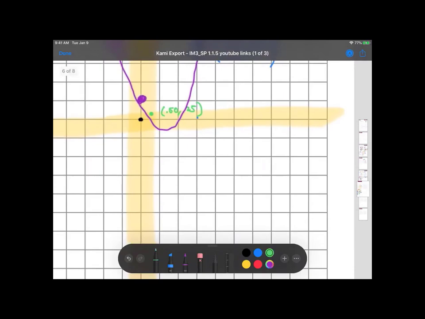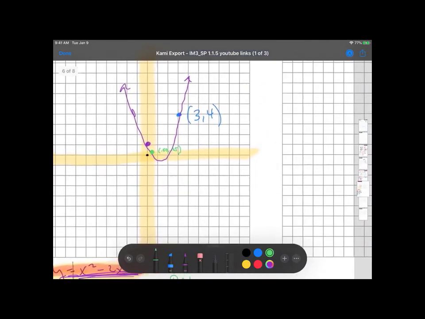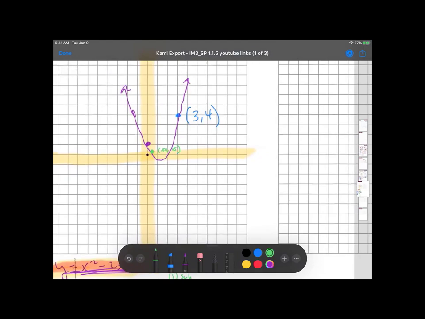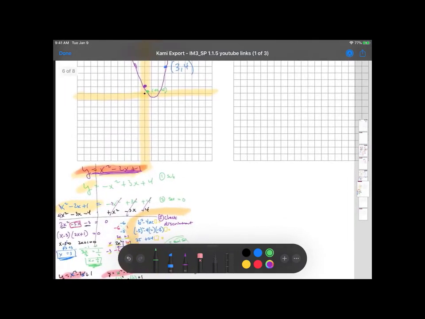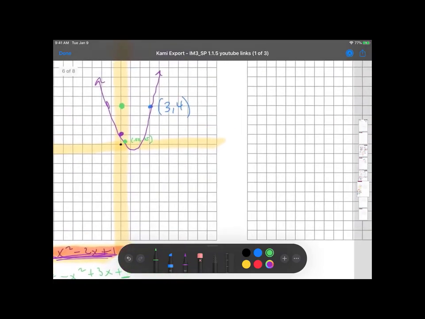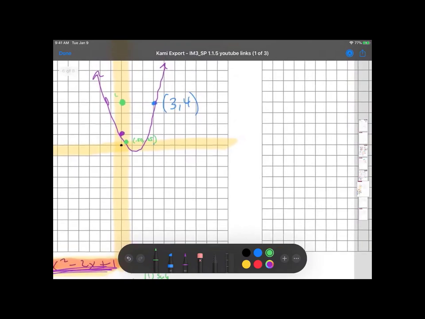Let's go ahead and just graph this one. Use your graphing calculator, but there's my graph of the purple one, and then let's go ahead and graph the green one. So C value of 4, and A value is -1, so I know it's going to open down.